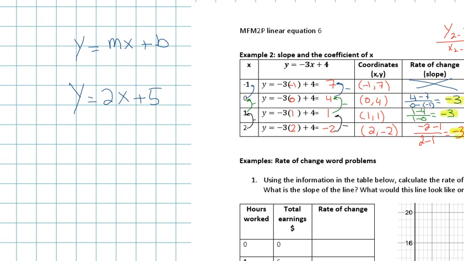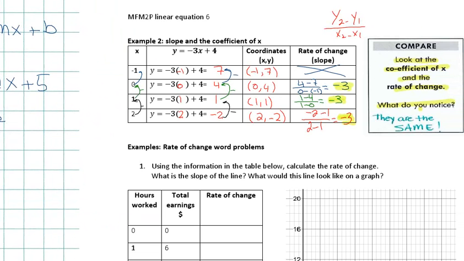We just proved to you that the slope is the same as the coefficient of x. So now, without doing a lot of work, you should be able to tell me that the slope is the coefficient of x.